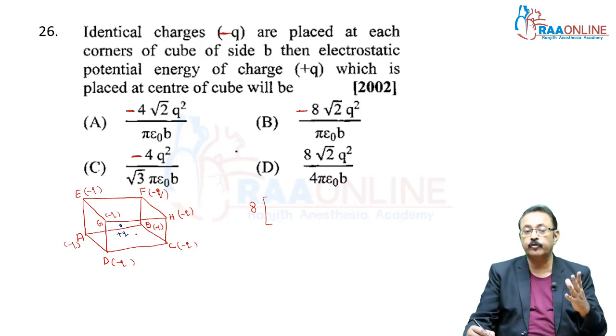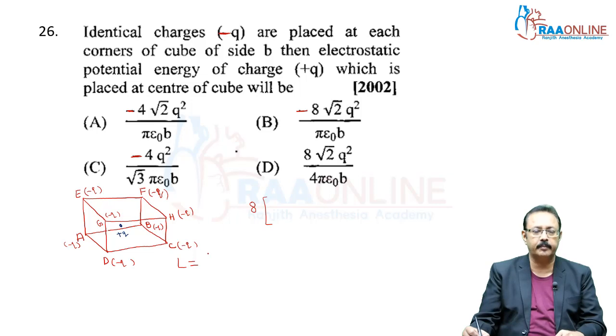But we have to find the distance. You know the length of the diagonal of a cube is a root 3, but the side is given as b, so b root 3. So the distance of each charge from the center is b root 3 by 2.